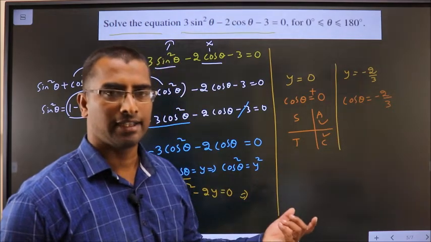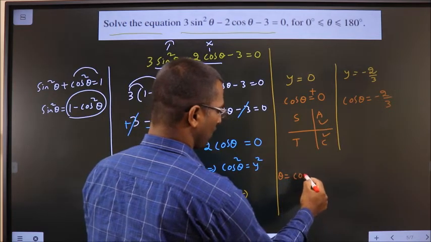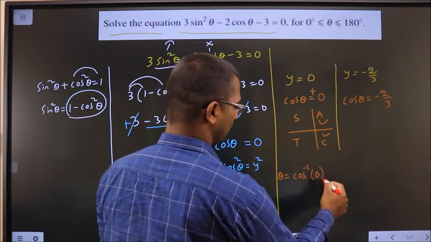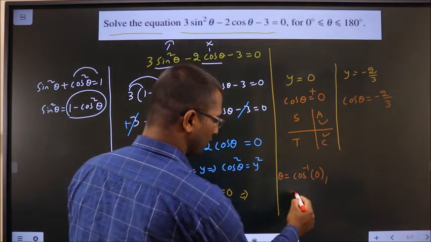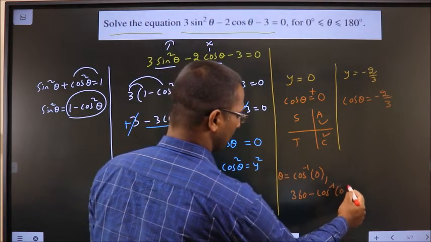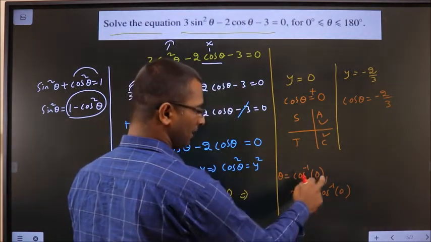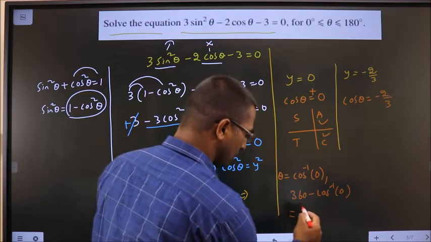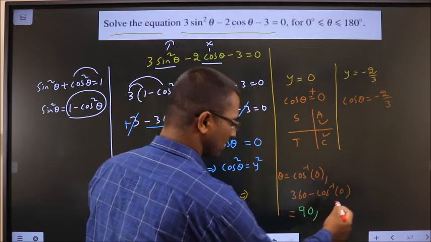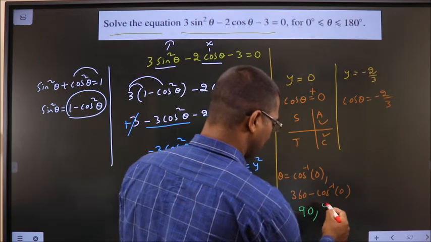To get an angle in the first, we directly do cos inverse 0. To get an angle in the fourth, we do 360 minus cos inverse 0. If I put this in the calculator, I get the answer to be 90 for this. And answer for this will be 270.